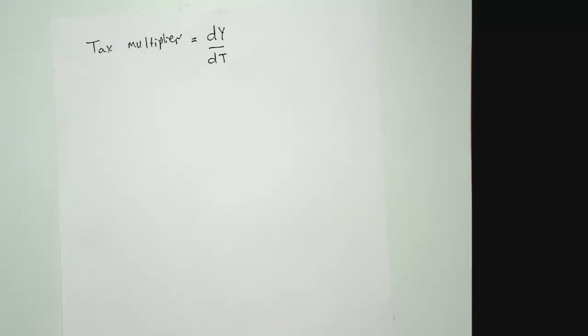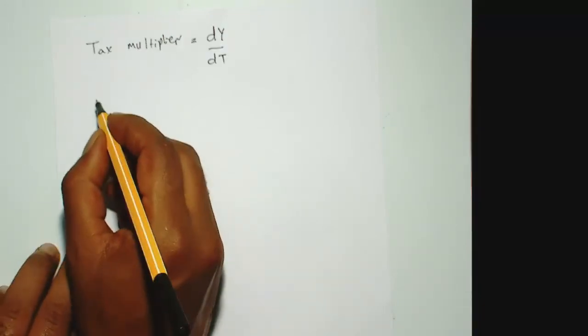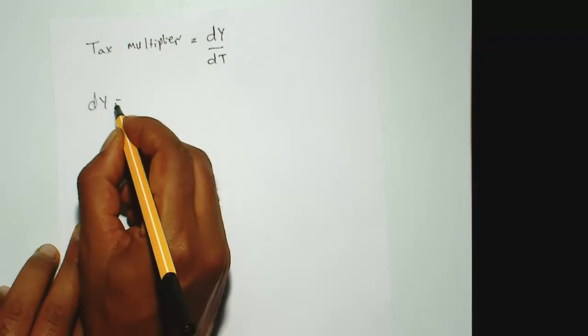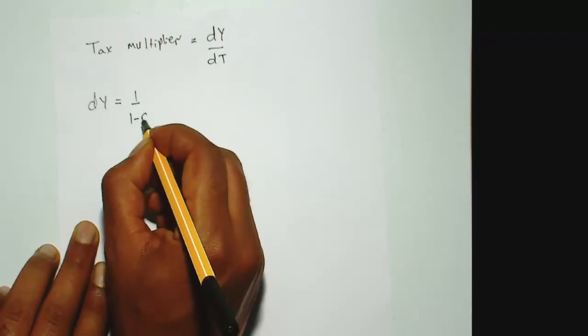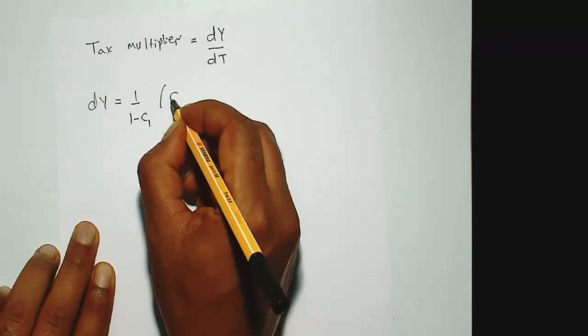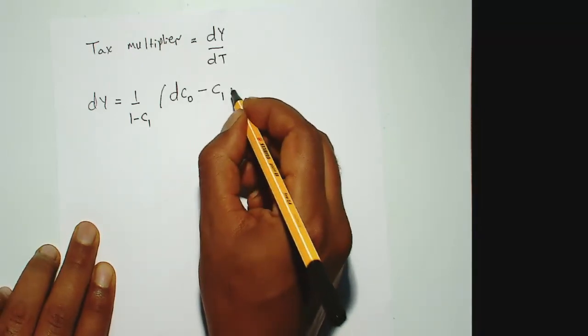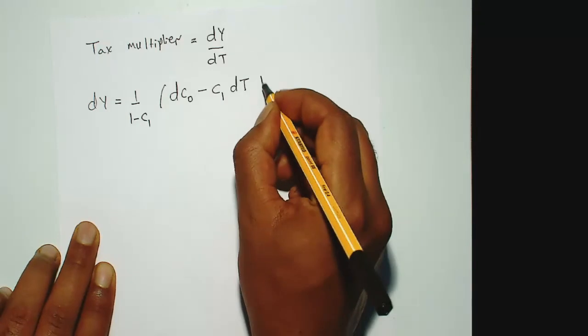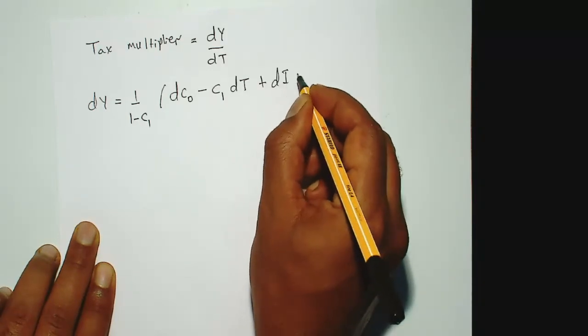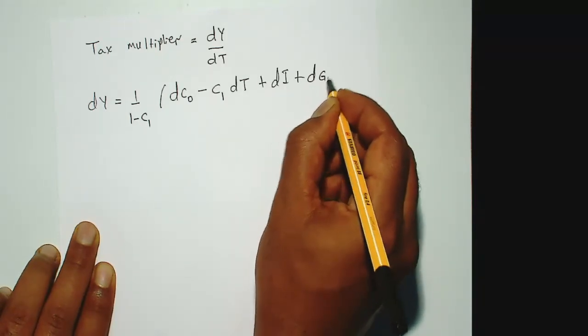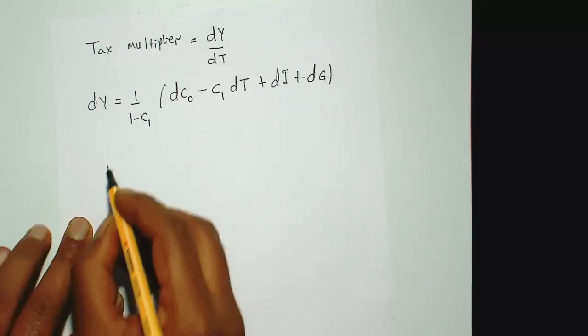The total differential that we have just defined would also be helpful in identifying the tax multiplier. If you remember, we have said dY is equal to 1 over 1 minus C1 multiplied by dC0 minus C1 multiplied by dT plus dI plus dG.